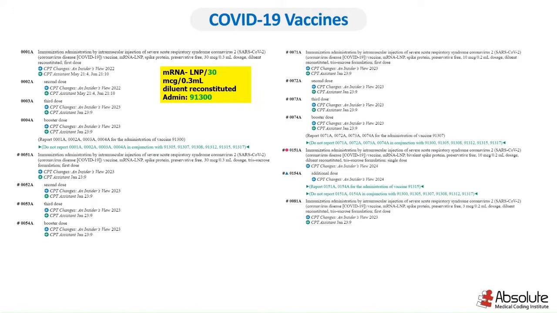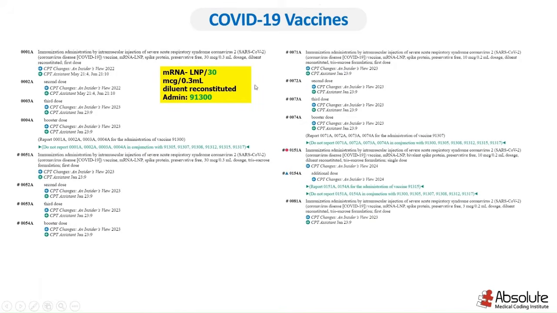So that is the component which is used. We have immunization administration by intramuscular injection of severe acute respiratory syndrome coronavirus 2, SARS-CoV-2 vaccine, mRNA, LNP, spike protein, preservative-free, 30 mcg per 0.3 ml dosage, diluent reconstituted, first dose.